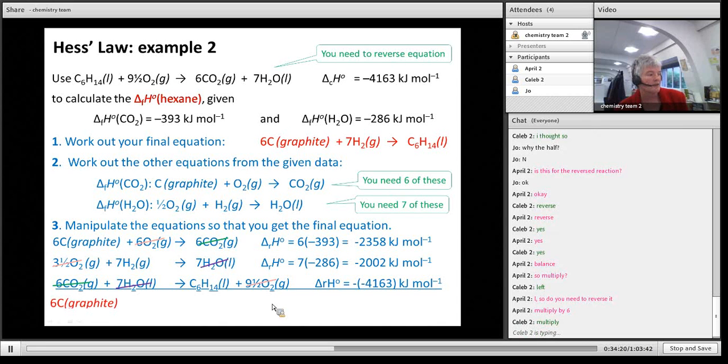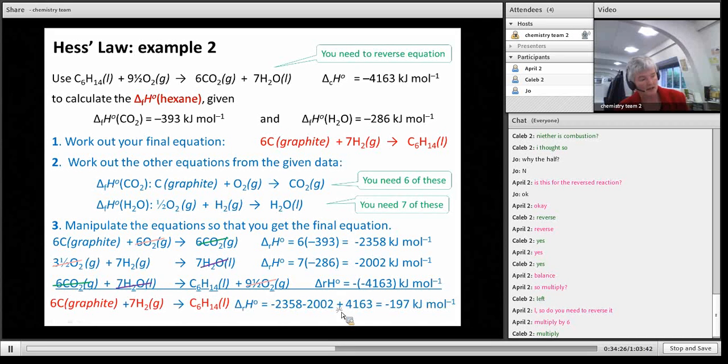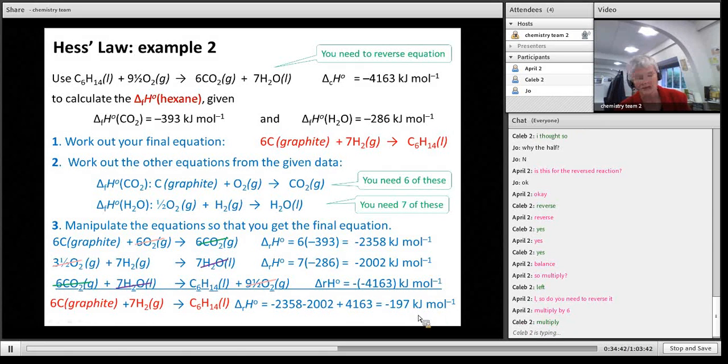And finally I'm left with 6 graphites and 7 hydrogens and 1 hexane. And then I just have to work out by adding up these things: negative 2358 plus negative 2002 plus positive 4163, and it'll give me the final answer.